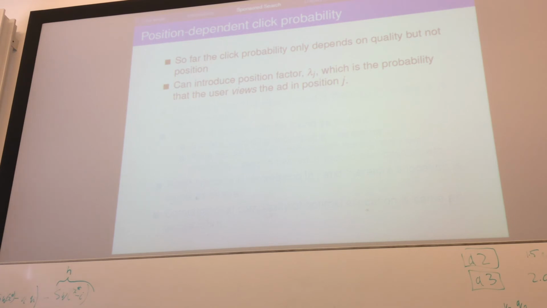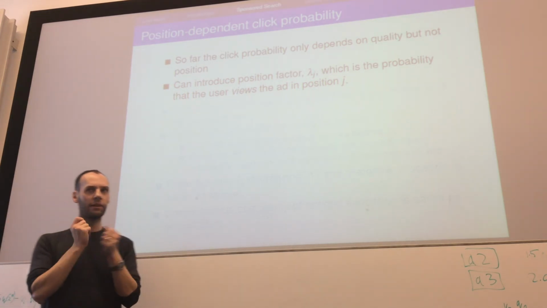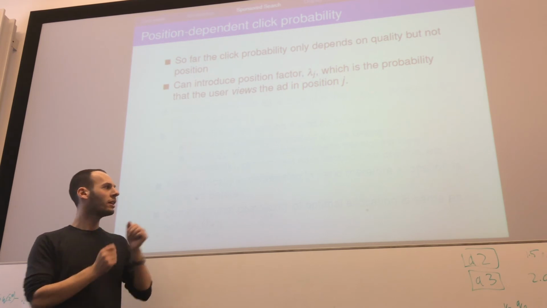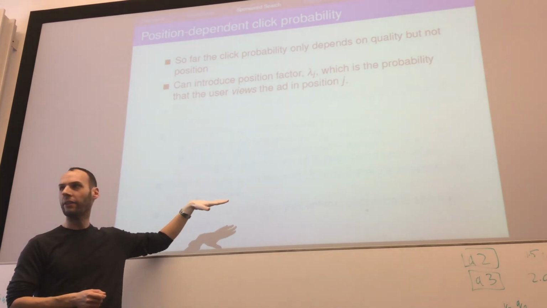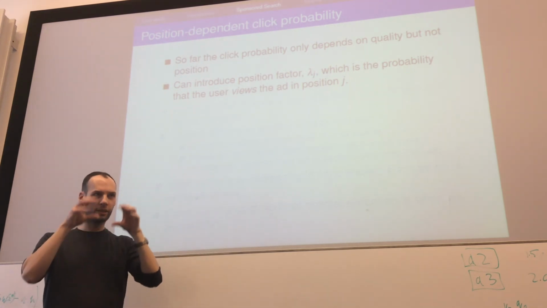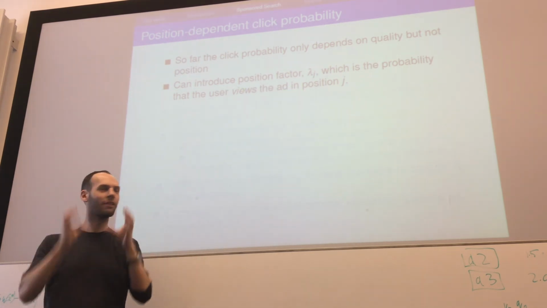Okay, so we could have an additional variable, lambda j, which is the probability that the user views the ad at position j. The quality here could have a different interpretation. So the quality is if the user views the ad, ends up looking at it, right? You can do some eye tracking kind of things.